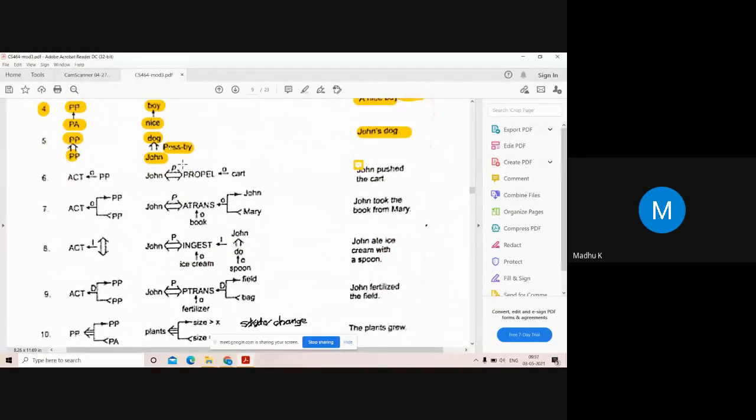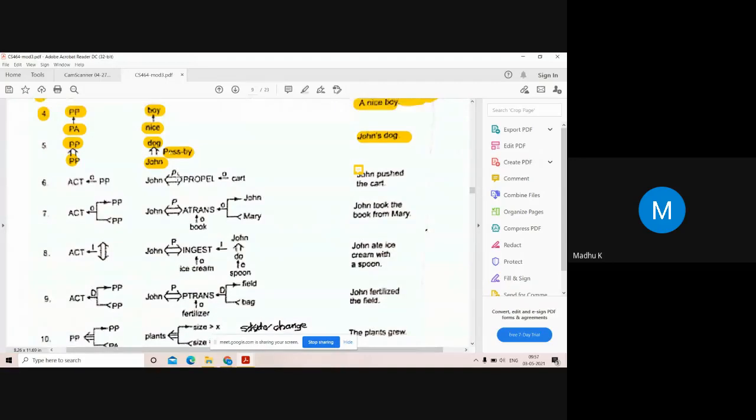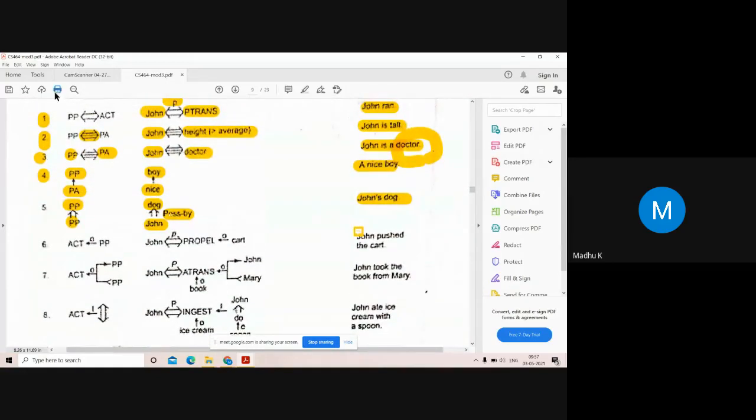First we will represent the action in this way. The cart is pushed. Who pushed? John pushed, so John is the picture producer. We represent the sentence in this way; this part is pushed the cart, so this rule is applied. On this side we use the picture producer John, and we combine it using the double arrow mark.